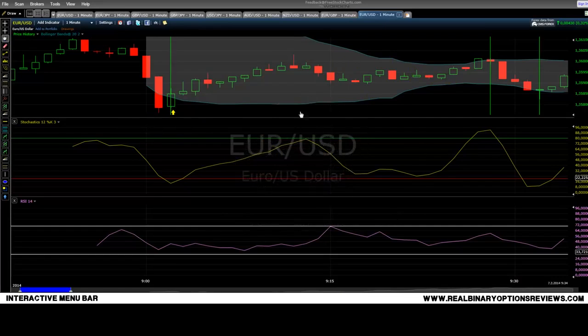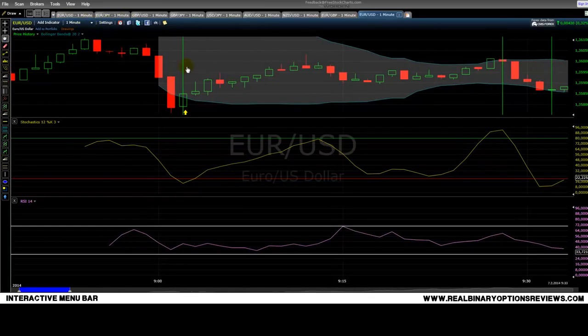Once you use the Bollinger Bands in combination with the stochastics or the RSI, you can develop a very good trading system for binary options that will allow you to make quite some profit in a relatively short amount of time.